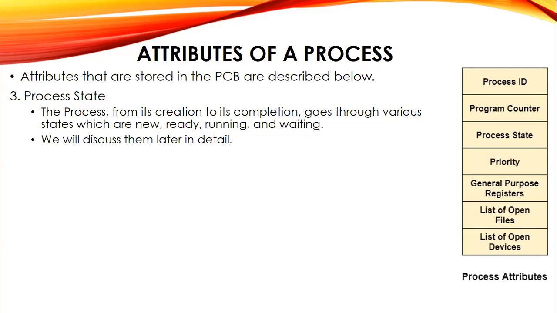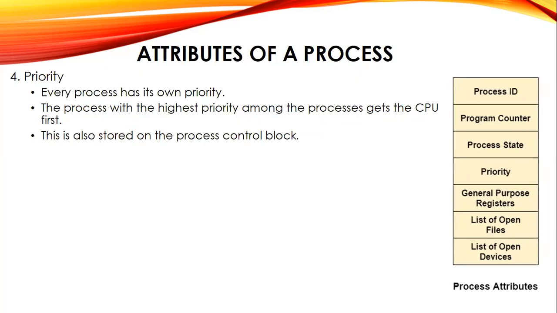While a process is created, this process control block will start to hold the information related to process ID, program counter, process state, priority, this kind of thing. About priority, I explained a little bit before the previous lecture ended.